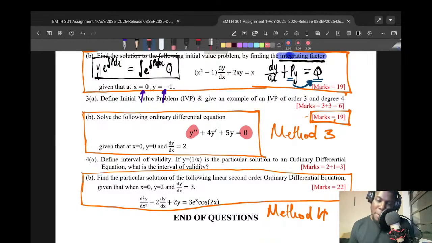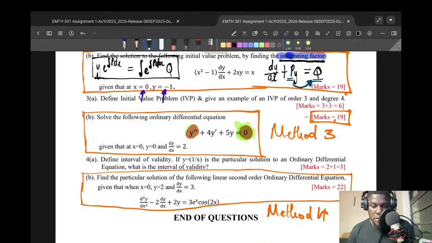That is why we are hammering these things, because you must be able, in an exam setting, to look at a question and recognize what it is. You look and say, there is the second derivative and this thing is equal to 0. It's homogeneous, because homogeneous is anything equal to 0, and second order.